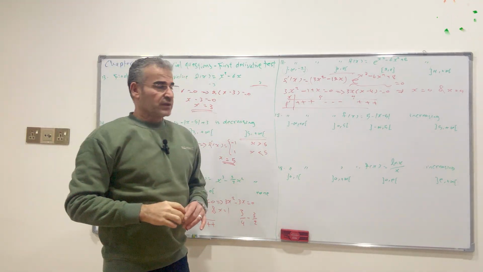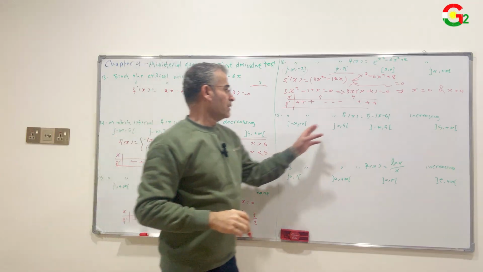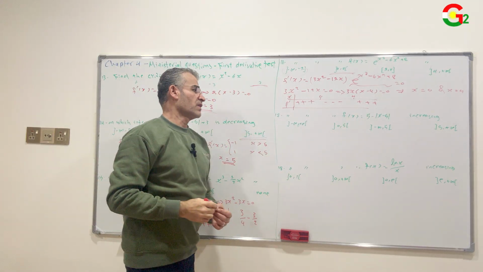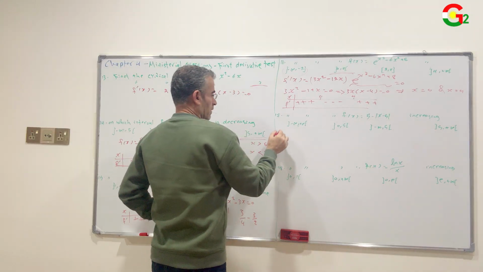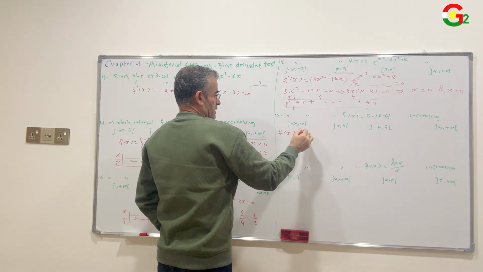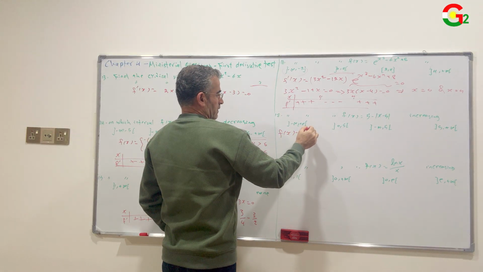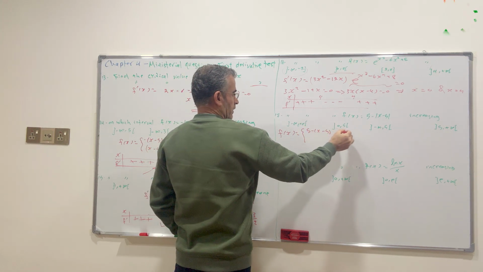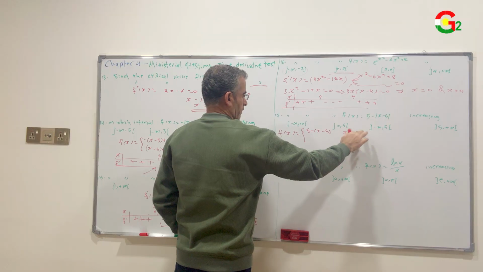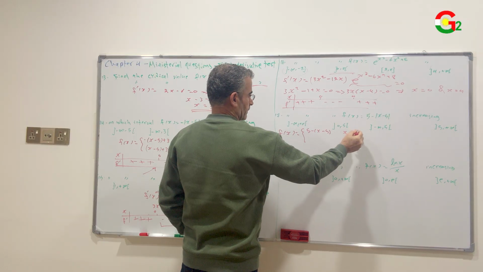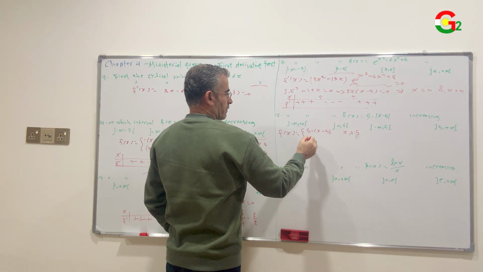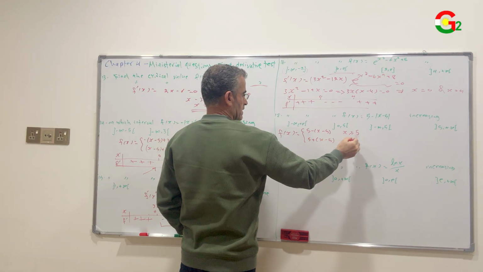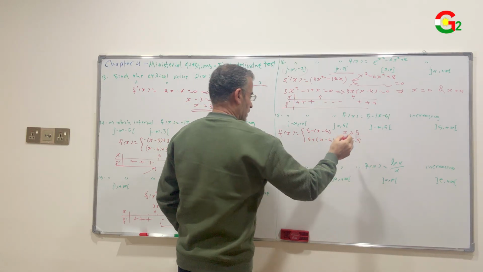Question number 17. On which interval is the function f of x equal 5 minus absolute value x minus 5 increasing? Rewrite f of x as a piecewise function: 5 minus (x minus 5) when x is greater than or equal to 5, and 5 plus (x minus 5) when x is less than 5.